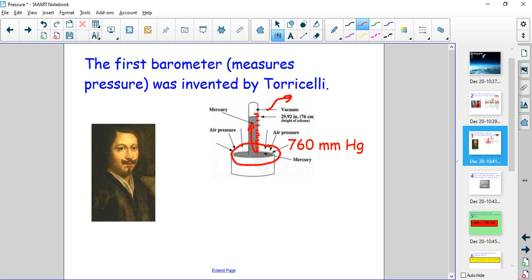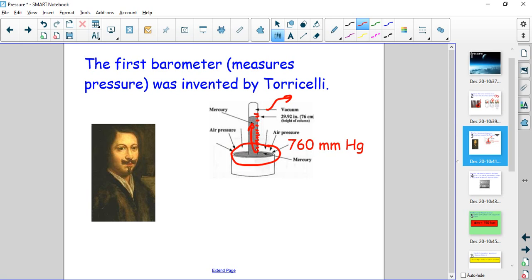Over a period of time, Torricelli had a lot of data for all these measurements. Depending on each day, the measurements would vary slightly. On average, over a long period of time, a typical day would see the mercury rise to about 760 millimeters.